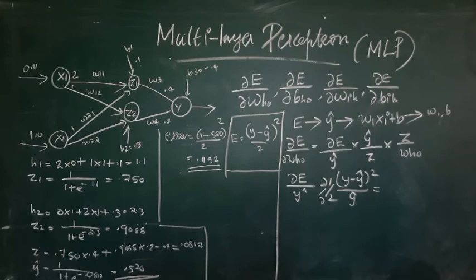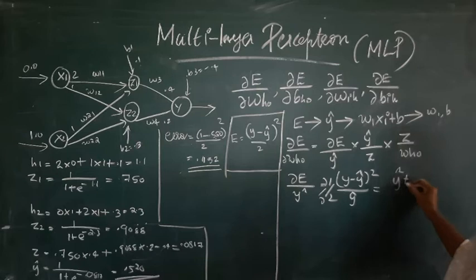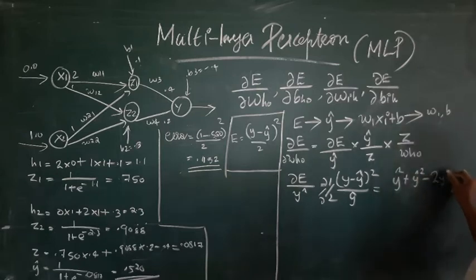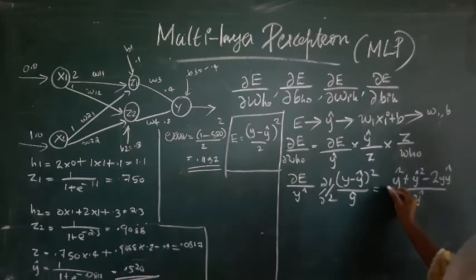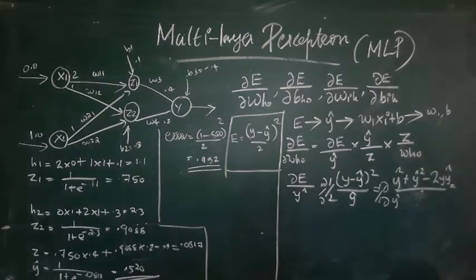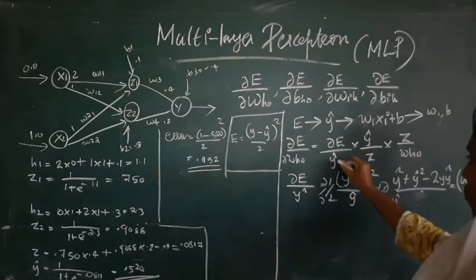On expanding, you will get (y² + ŷ² − 2yŷ), and you have the term 1/2 here. Now when you differentiate with respect to ŷ, you will get ŷ − y as the result. So this term is ŷ − y.